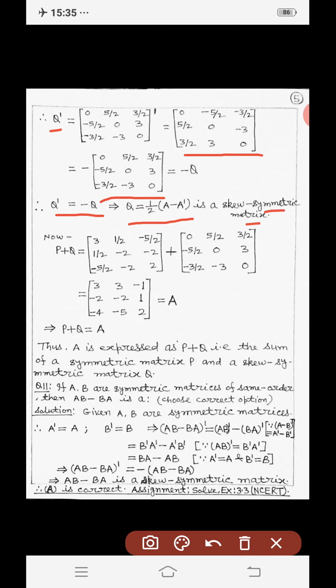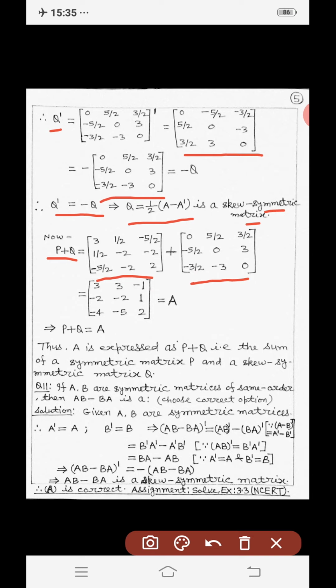Now P plus Q equal to [3, 1 by 2, minus 5 by 2; 1 by 2, minus 2, minus 2; minus 5 by 2, minus 2, 2] plus [0, 5 by 2, 3 by 2; minus 5 by 2, 0, 3; minus 3 by 2, minus 3, 0].